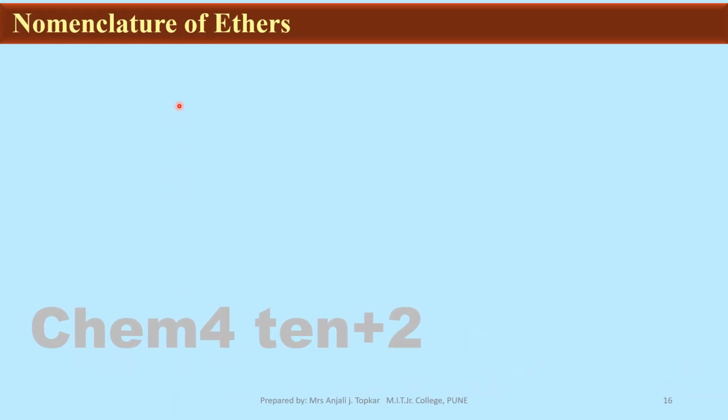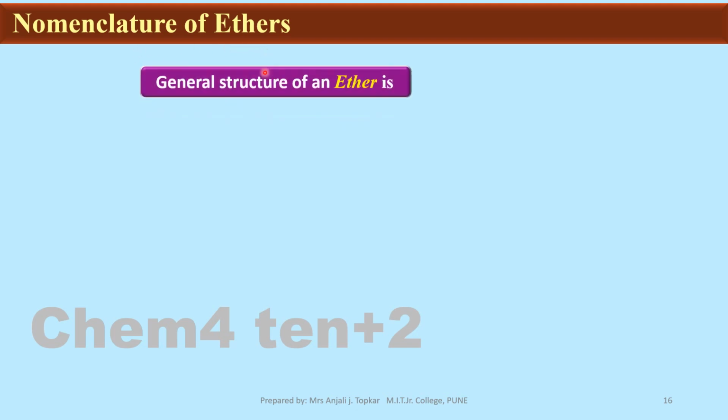Now we are going to see the nomenclature of ethers. The general structure of an ether is ROR. Here, the 2 alkyl groups attached can be the same or can be different. If they are different, they can be indicated as R1 and R2.